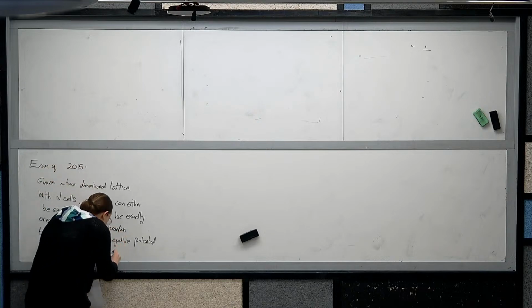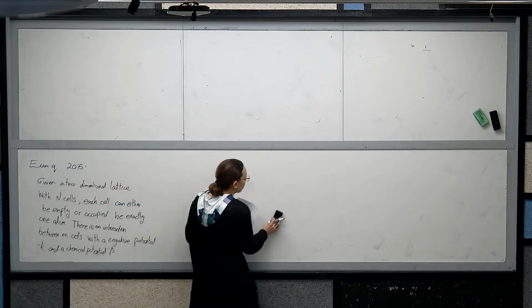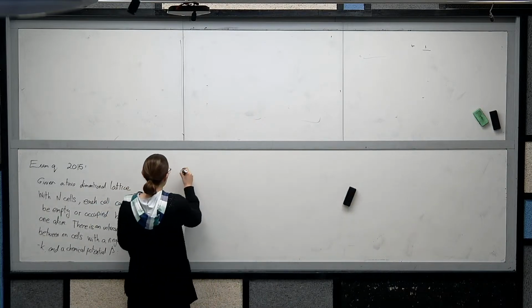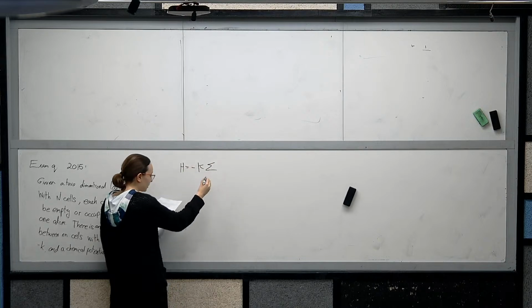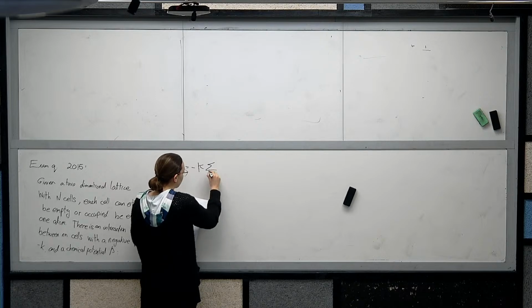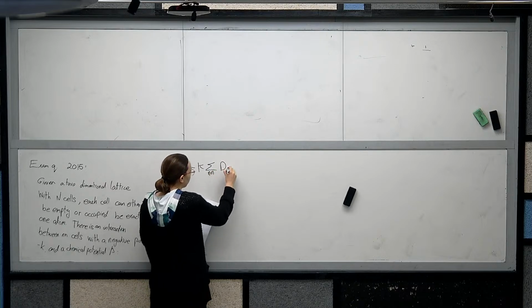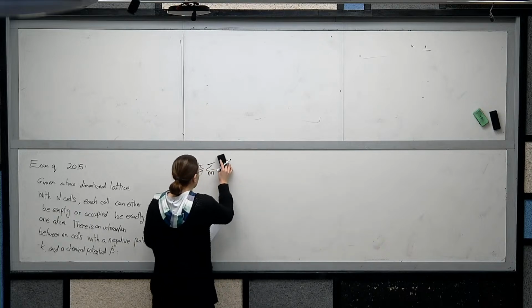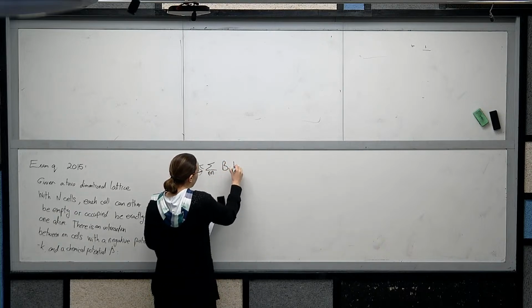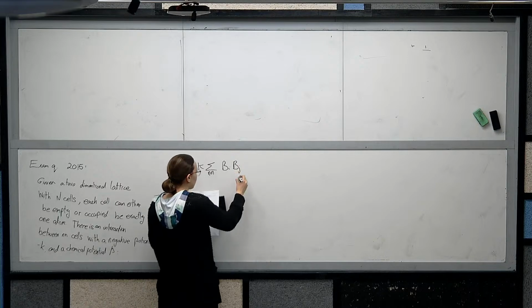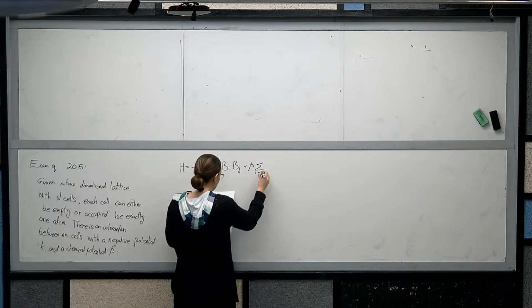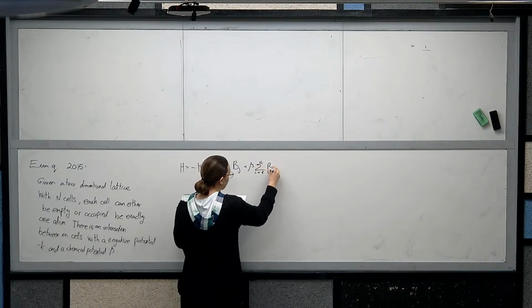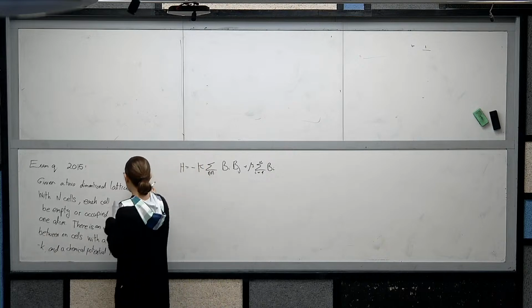Chemical potential mu, so the Hamiltonian of this lattice is H equals minus k sum over nearest neighbors of Bi Bj plus mu sum from i equals 1 to n of Bi.